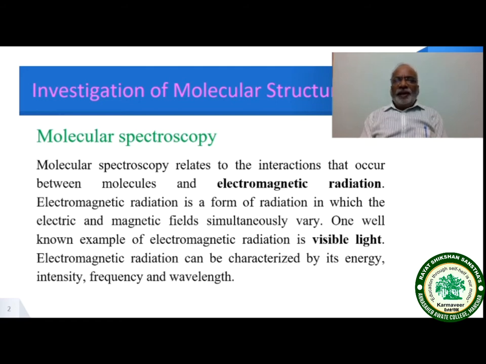Electromagnetic radiations, as the name itself indicates, have two components: one is the electric component and the other is the magnetic component.